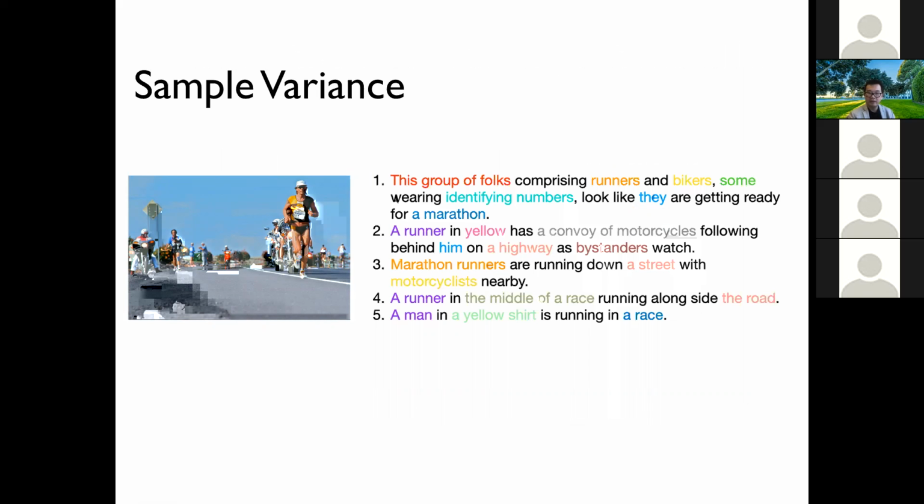You can clearly see that in this very diverse image, there are a lot of objects, and our annotators clearly mention a whole bunch of different objects in this image, and we highlight them in different colors. As you can see, there is a very different set of objects in each of the references. Some of them don't overlap. Some of them, like the runner, actually do overlap.